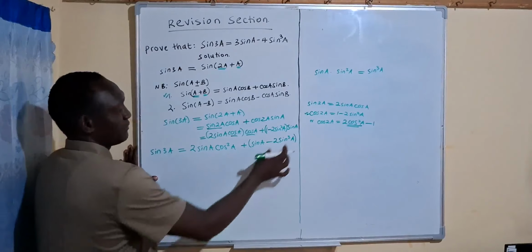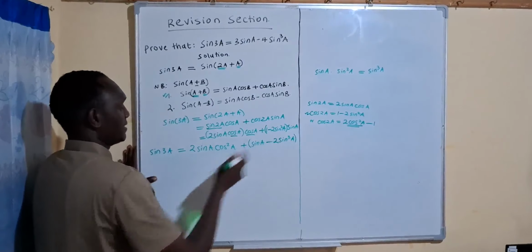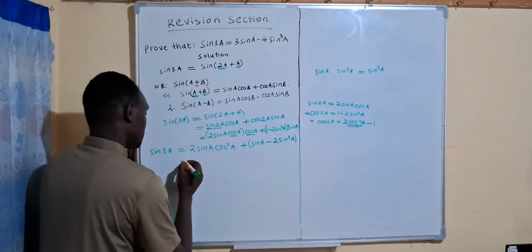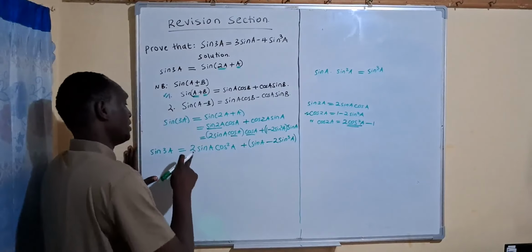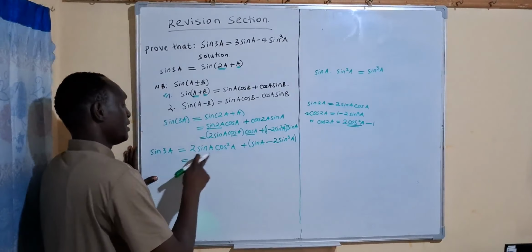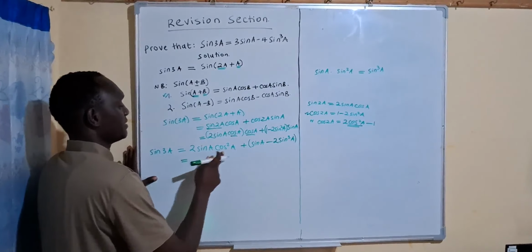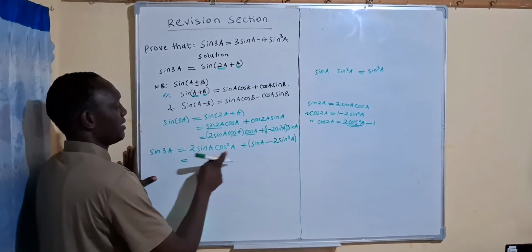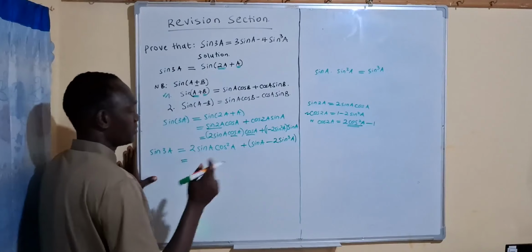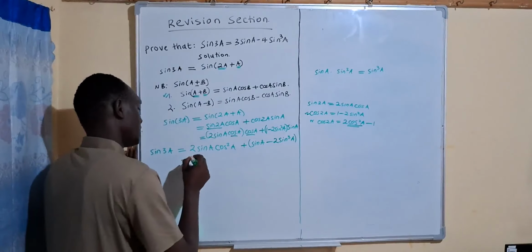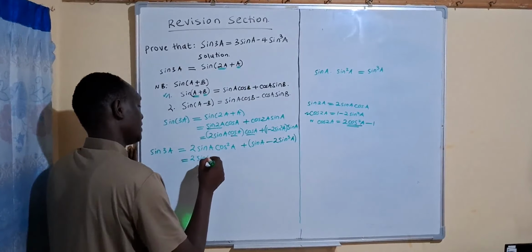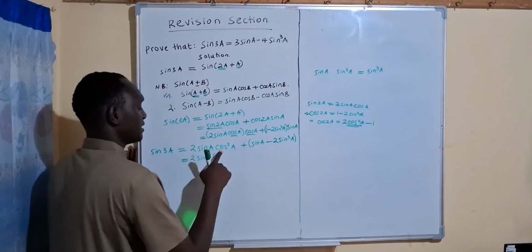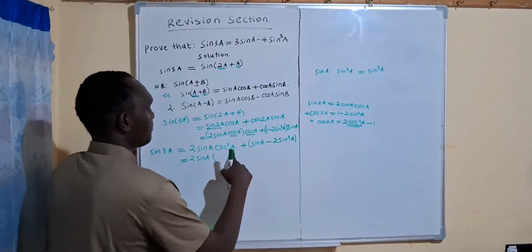Now we have simplified. So let's continue to further simplify until we reach there. Now here you have cosine square a, but if you look at our term here, we don't have that. So we know that we shall have 2 sine a, and what is cos square a?